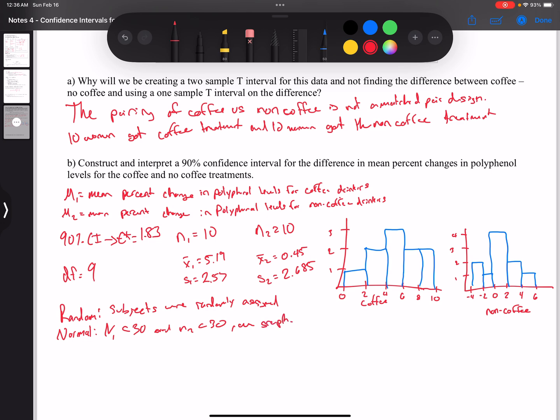I've already got the graphs there for you. So graphs show no outliers or strong skewness. So proceed with the procedures.